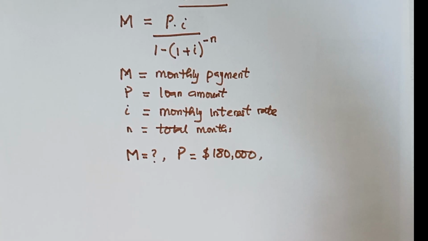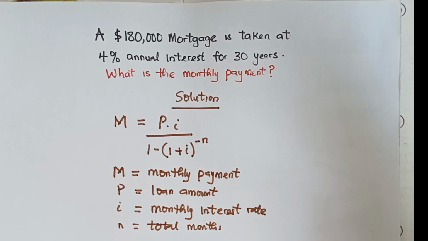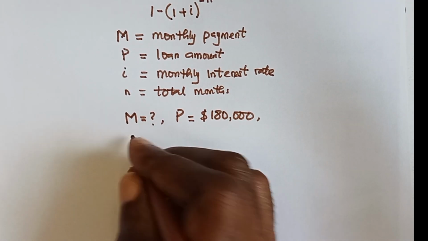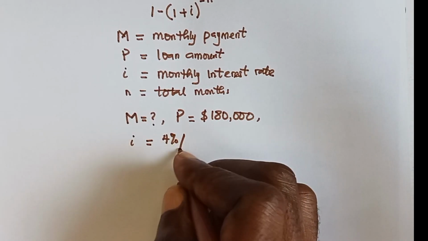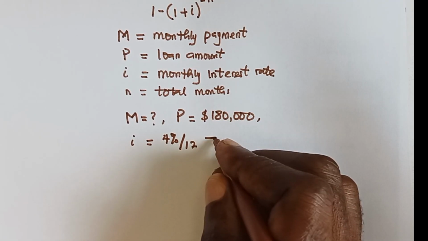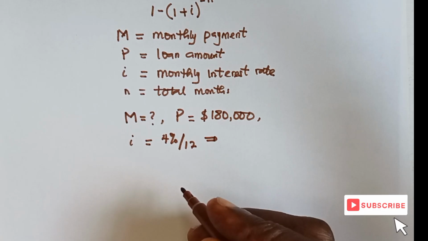Now the rate we have in the question is 4% per annum. So if we are calculating our I, this is what we do. Our I will be equal to 4% over 12. 4% is the same thing as 0.04, which is 4 over 100.